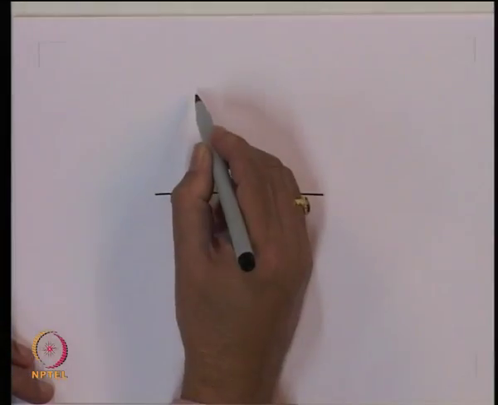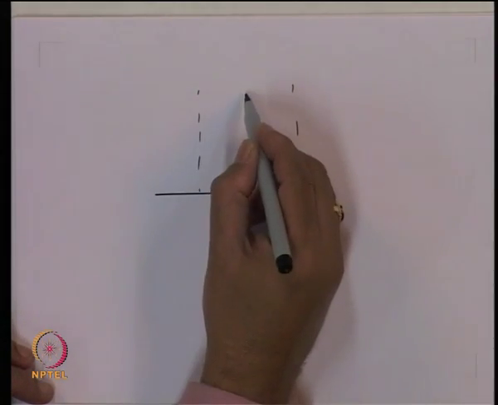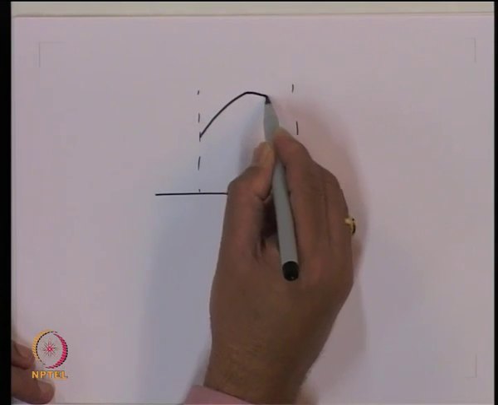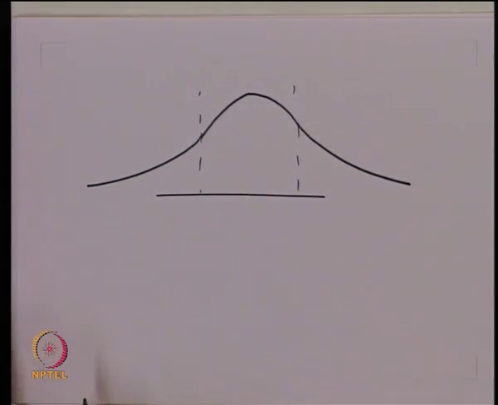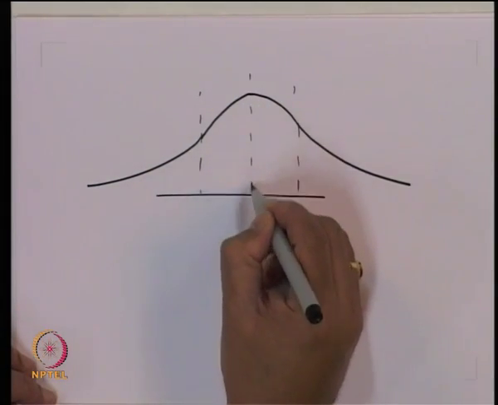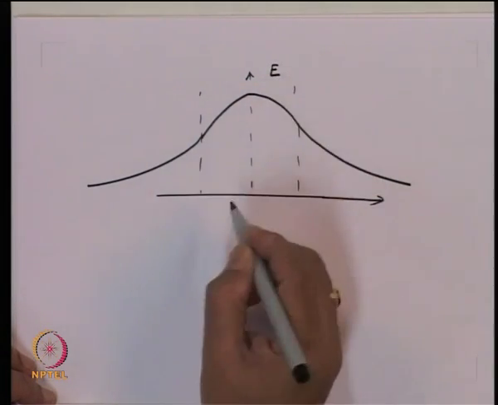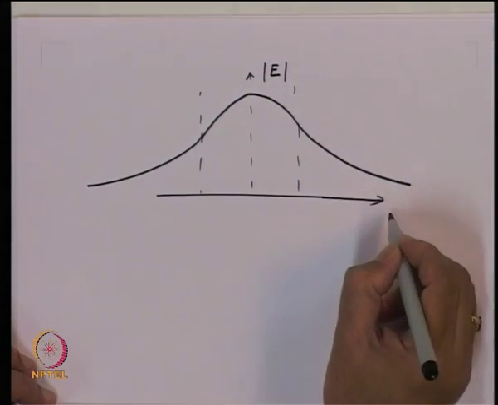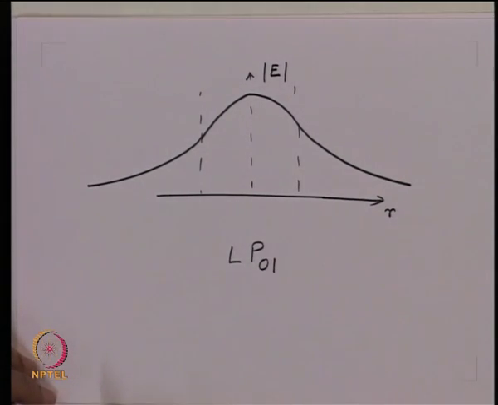So, typically if you look at the field distribution of the fiber, this is the core of the fiber, the field is maximum here, it goes like that and then dies down something like this. This is the field distribution, the magnitude of E as a function of R for LP01.